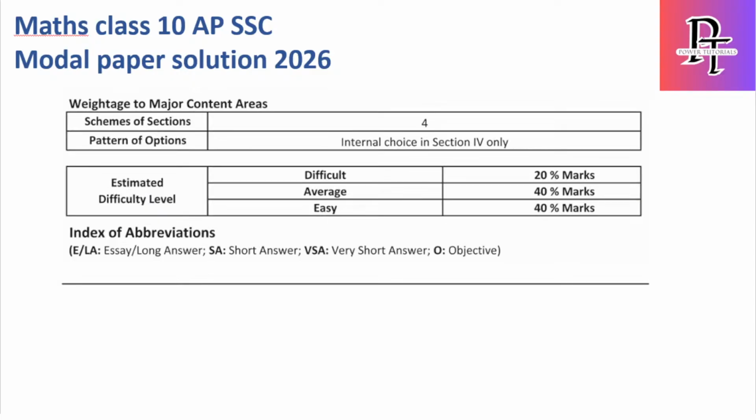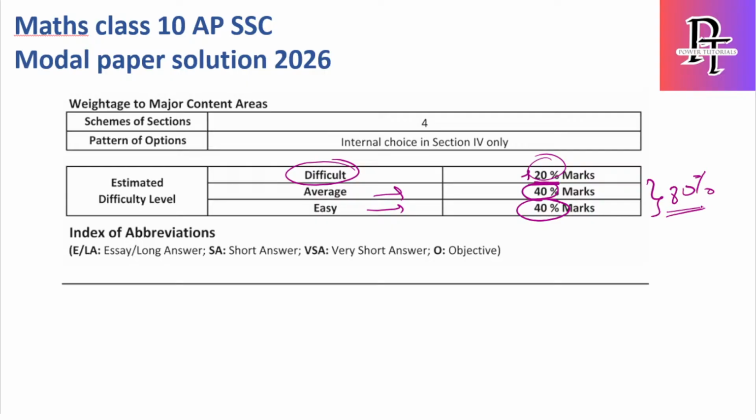This is the point we are talking about. They have clearly mentioned the difficulty level: the highest difficulty questions will be only 20% of the weightage. Average questions have more weightage, which is 40%, and easy questions also have more weightage, which is 40%. If you feel you are scoring less in your pre-finals or the practice exams in your school, just understand that the difficulty level will be only 20%, and easy to moderate will be 80%.